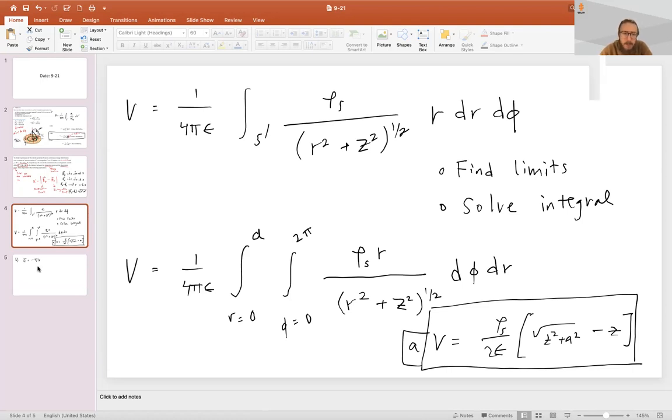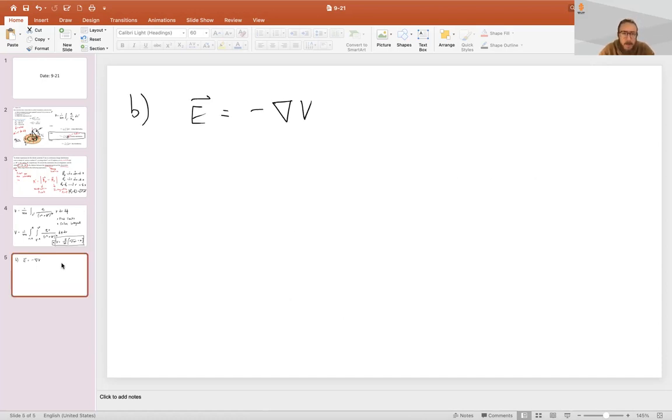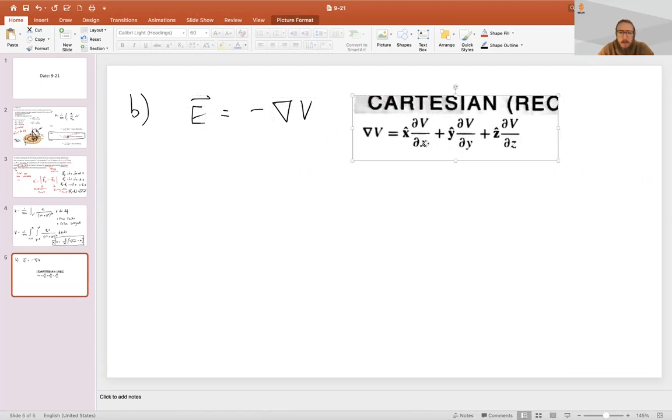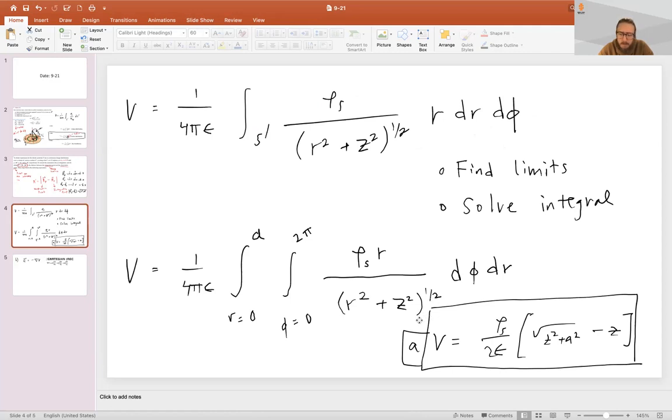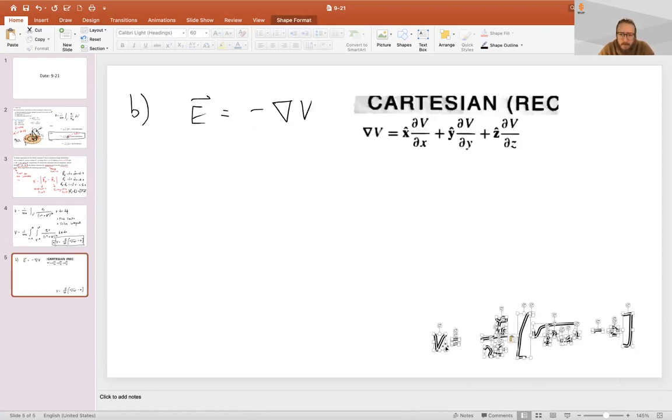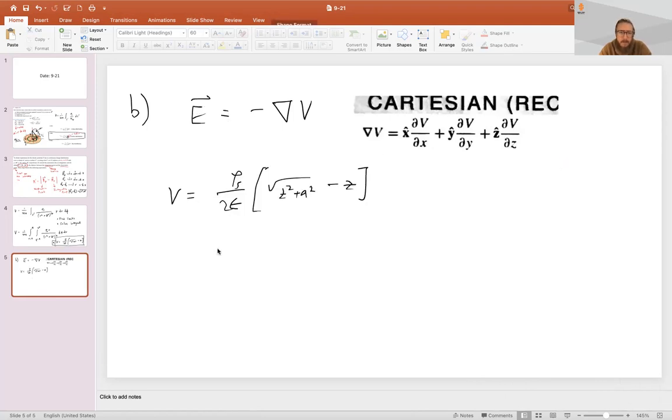You should be able to do this one somewhat easily because you're taking the gradient of the voltage, and our expression for voltage looks like this.